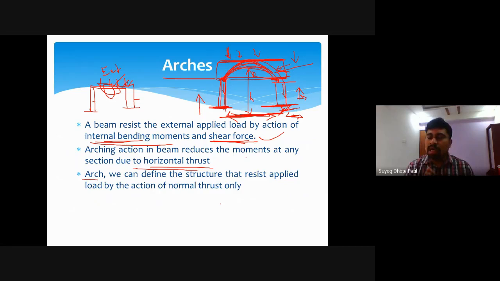In a simple horizontal beam, we calculate the applied external forces using shear force and bending moment values, whereas in arches we use horizontal thrust only. For a simple horizontal beam, we calculate the support reactions, shear force and bending moment values, draw the shear force diagram and the bending moment diagram, and solve the numerical.